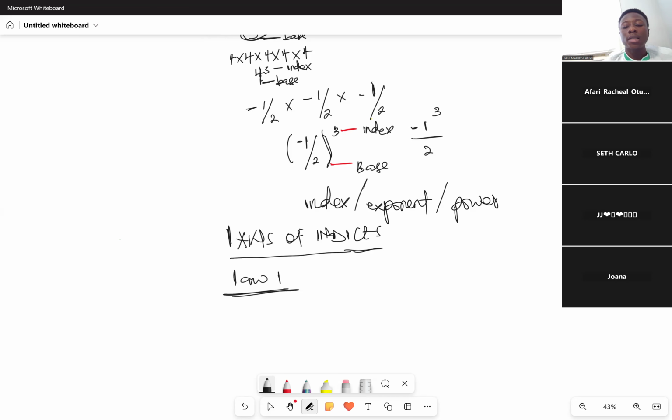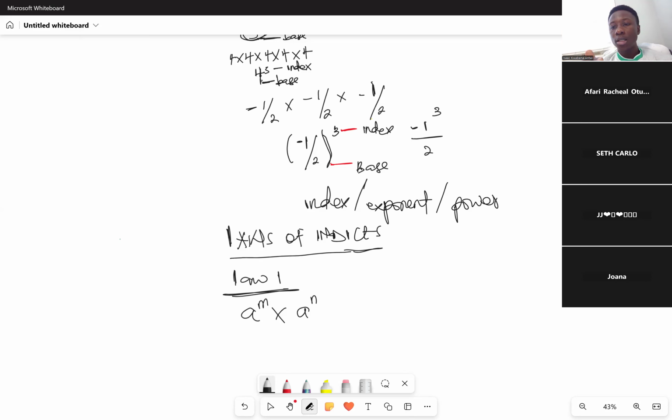It says that if you have a term with an exponent multiplying the same term, take note of my words, with an exponent. I did not say with the same index.